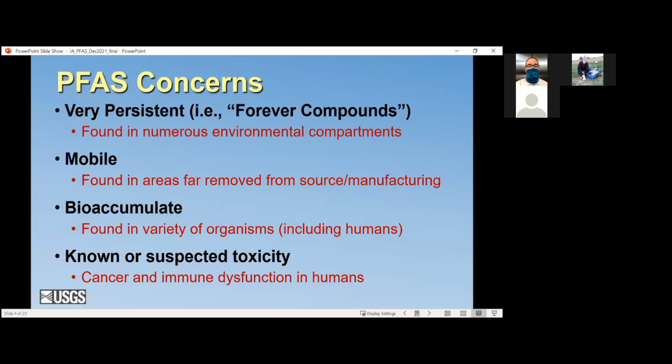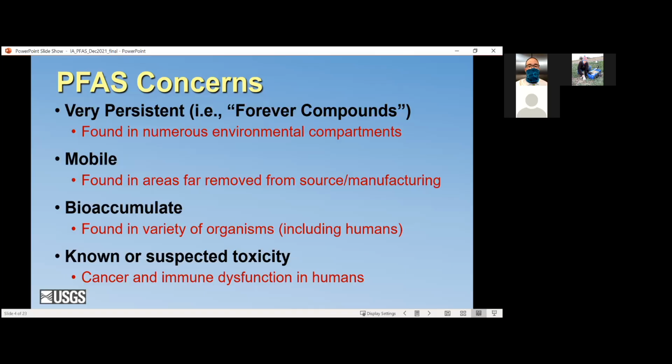These extremely strong bonds make them very persistent, and that's the reason why they're coined forever compounds. And we now realize that they're pretty much found in every environmental compartment we've looked in. They're extremely mobile, so they're found in areas far removed from their source and manufacturing. They bioaccumulate. That's a really important aspect in terms of exposures and environmental consequences.